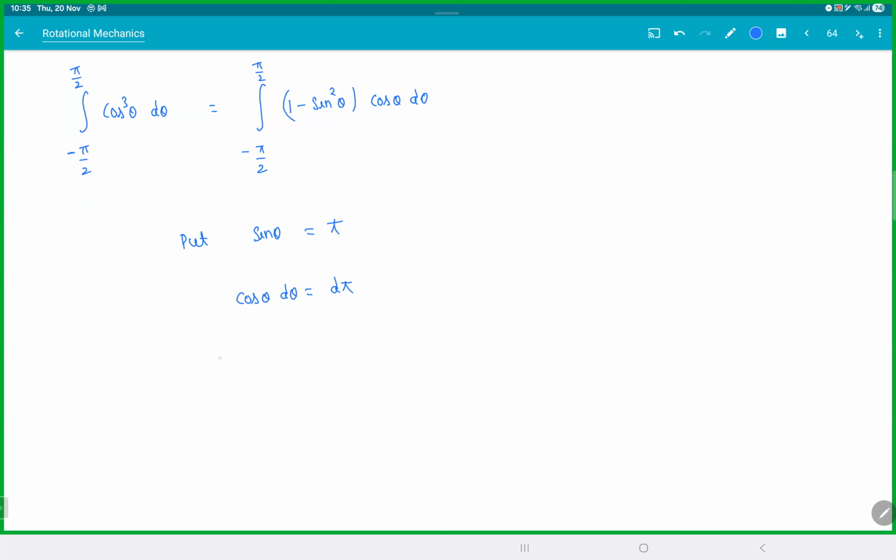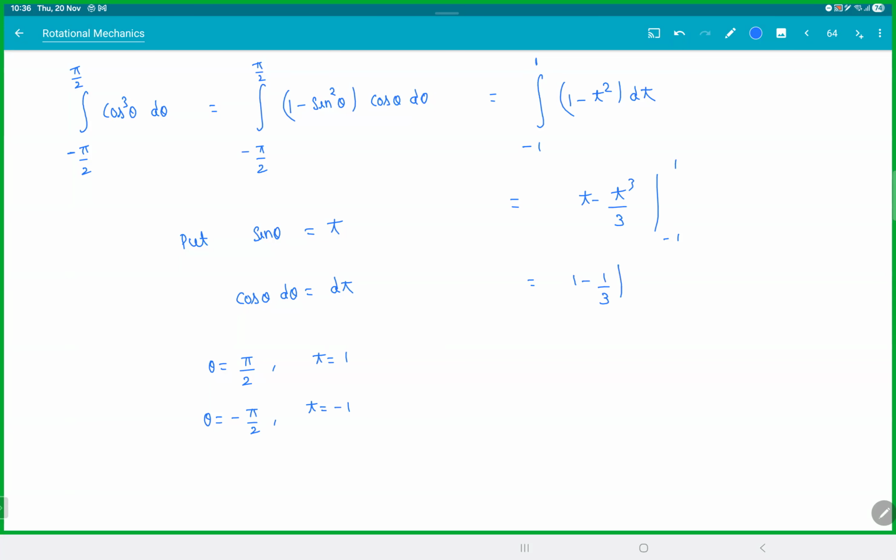When theta is equal to 90, t is equal to 1. When theta is minus 90, then t is equal to minus 1. This will become minus 1 to 1, 1 minus t square, cos theta d theta is dt. There it becomes a simple integration, t minus t cube by 3. Limits will go from minus 1 to 1.